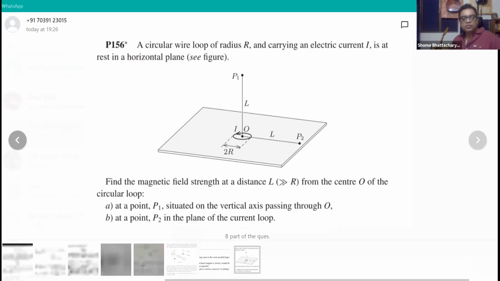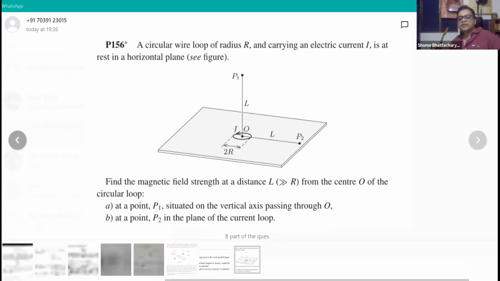Your radial component of magnetic field will become 2 times mu naught by 4 pi into mu cos theta by r cube, and your tangential component will become, sorry, mu naught by 4 pi into mu sine theta divided by r cube.